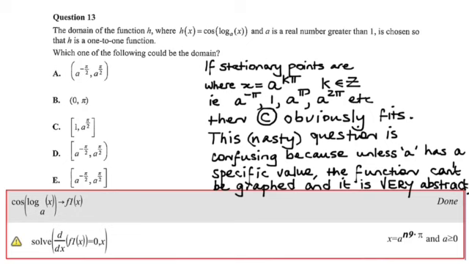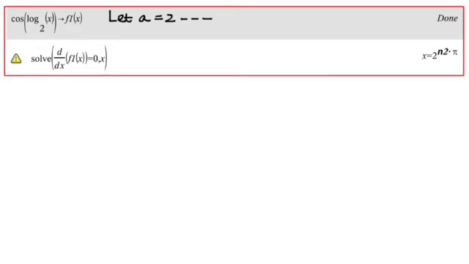This nasty question is confusing because unless a has a specific value, then the function can't be graphed, and it is very abstract. Now, this is the first approach that I've used on this screen, where I'm just going with the CAS and I'm trying to solve it for the derivative of the function equal to 0, and then picking some points or interval between successive stationary points, which points us to C. Or over the page, let a equal 2 and solve it that way, depending on which way you prefer to do it.